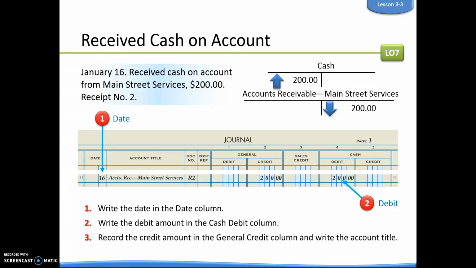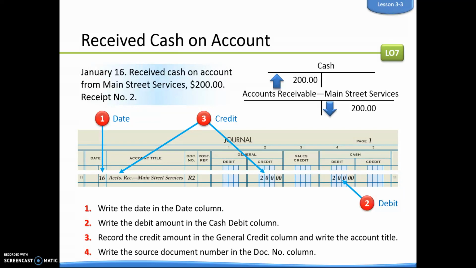When you are in MindTap, though, I believe they are going to want you to write the full thing out. I don't believe that you can abbreviate, but you can abbreviate when you do your workbook or your test. And then lastly, don't forget to put in your source document, which is R2 for receipt number 2.